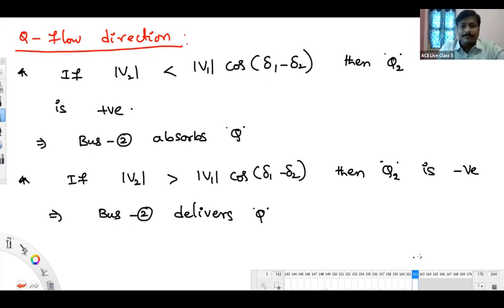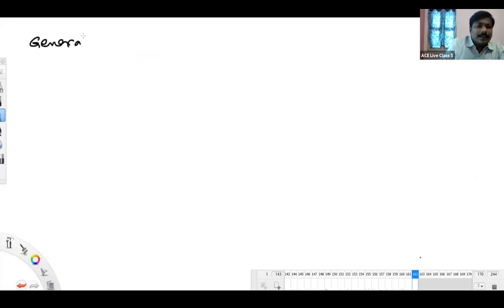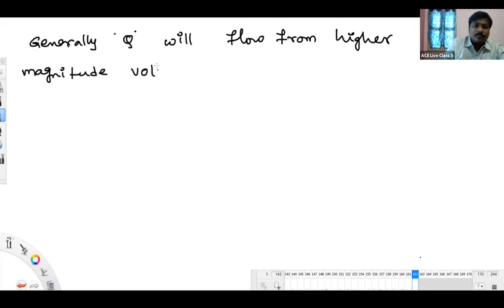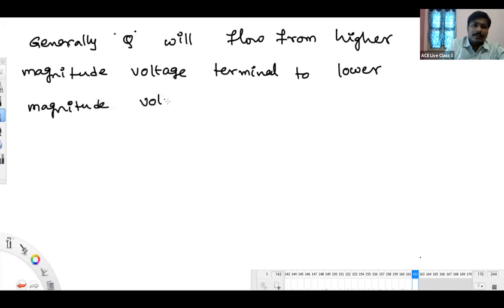So I can say, generally, reactive power will flow from the higher magnitude voltage terminal to the lower magnitude voltage terminal.